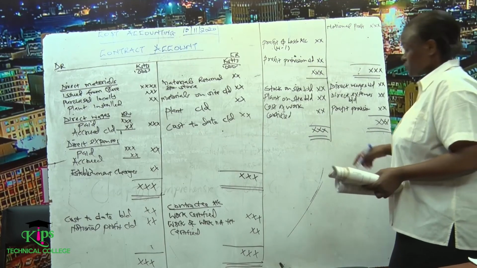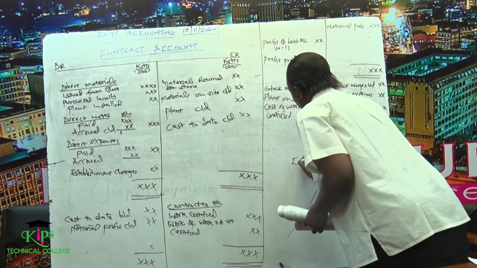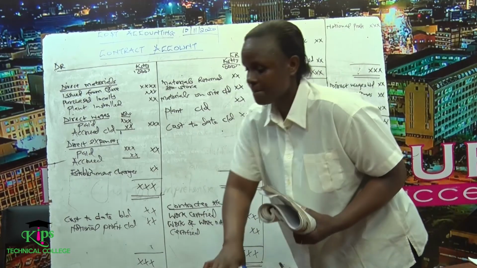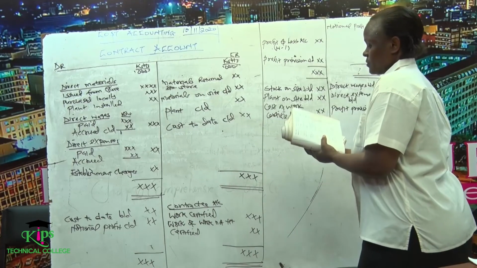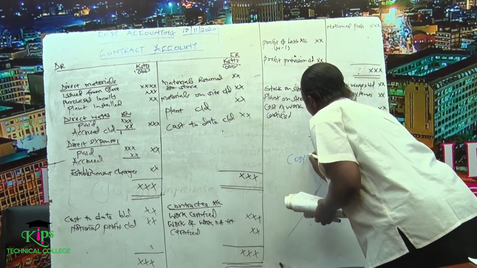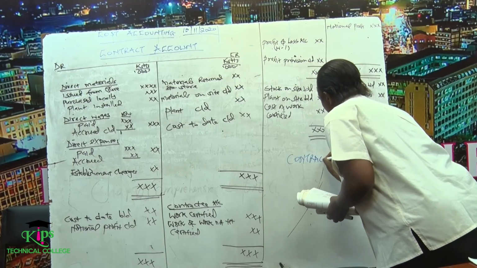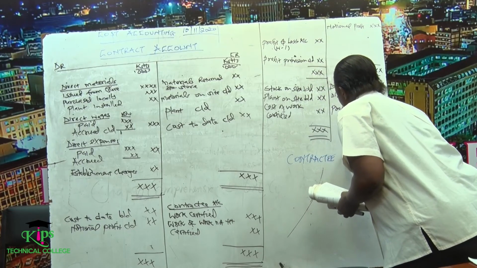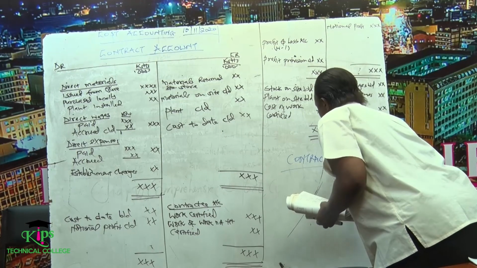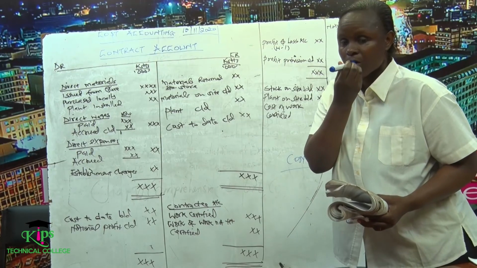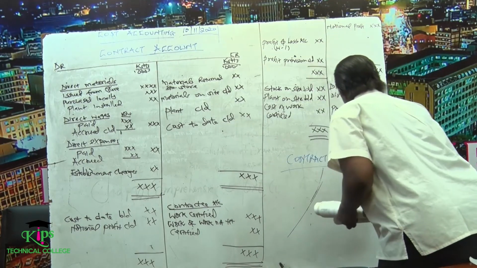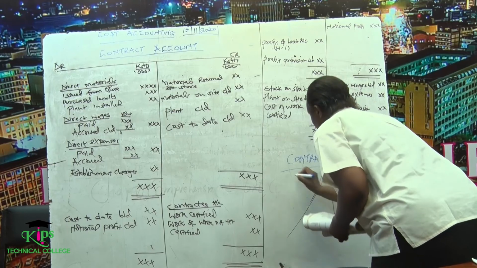Okay, let us look at the contractee account. The contractee account is very simple. You just take a few items in the contractee account.